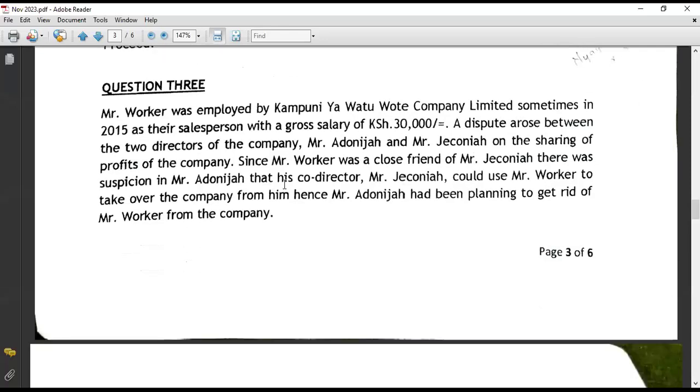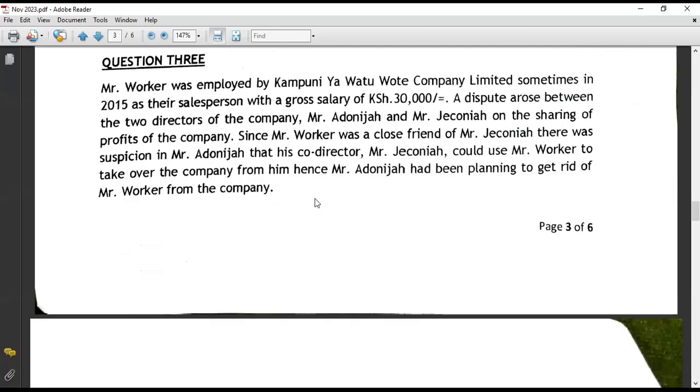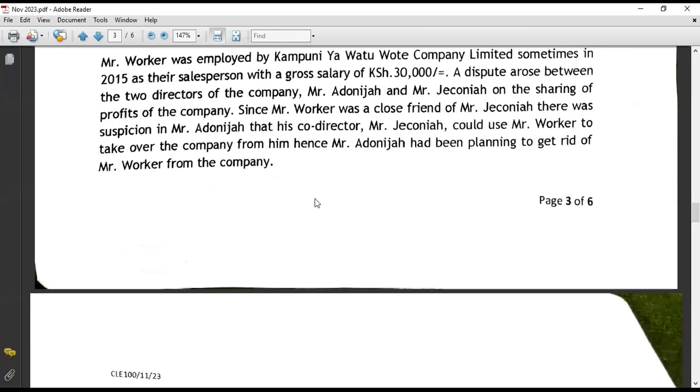Mr. Waka was employed by a company, Water Limited, sometime in 2015 as a salesperson with a gross salary of 30,000. A dispute arose between the two directors of the company, Mr. Johnny and Mr. Gionia, on sharing of the profits of the company.